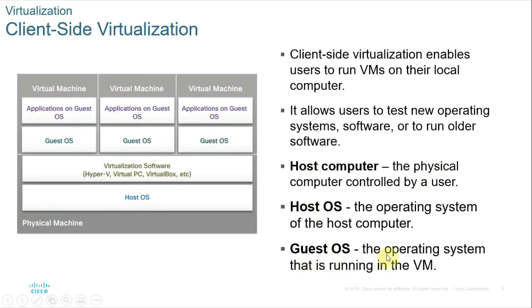Guest OS is the operating system that is running in the virtual machine. So this is the diagrammatic representation of client side virtualization. We have the virtual machines, the applications on the guest operating system, the guest OS, the virtualization software, and the host operating system.